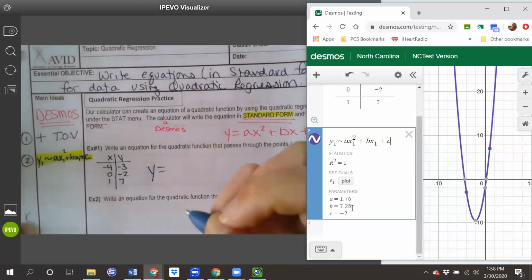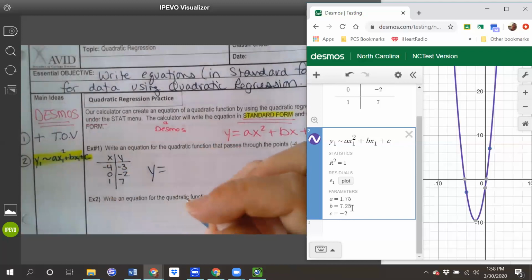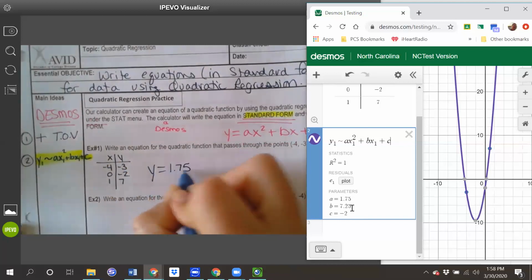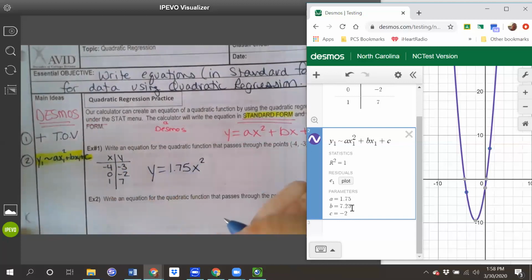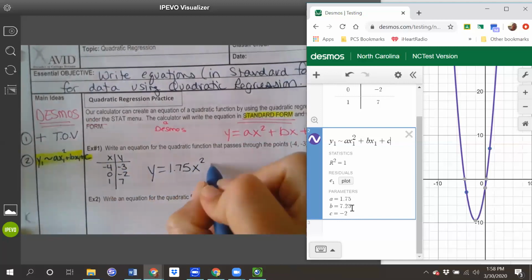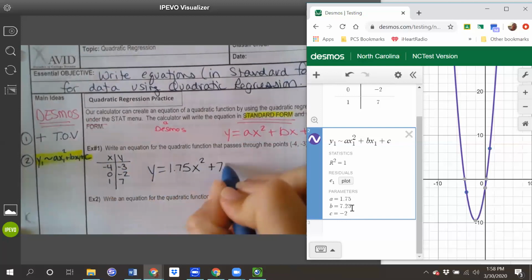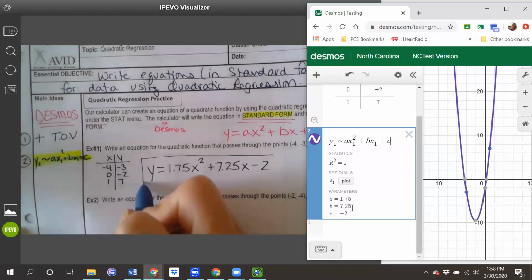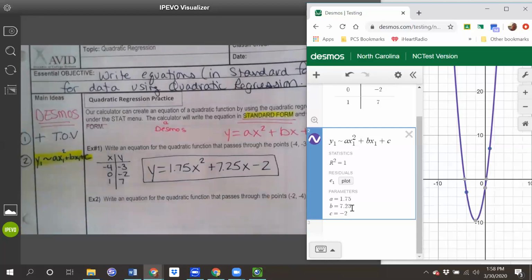That equation is going to be, and I'm taking my numbers right off of Desmos, A is 1.75 x squared, plus B is 7.25 x, and then C is a -2. That is your quadratic equation that best matches the data that was provided for you.